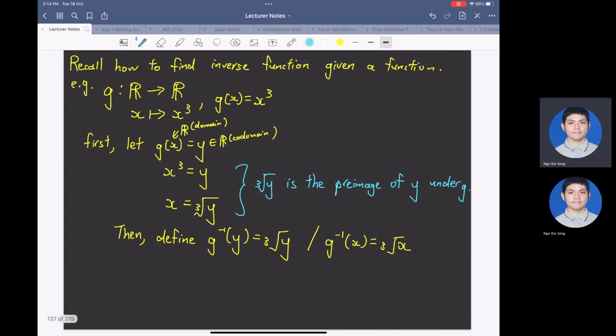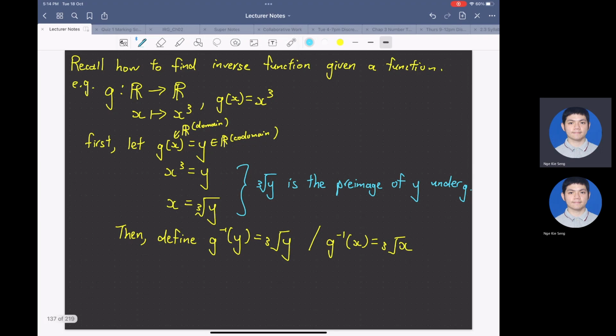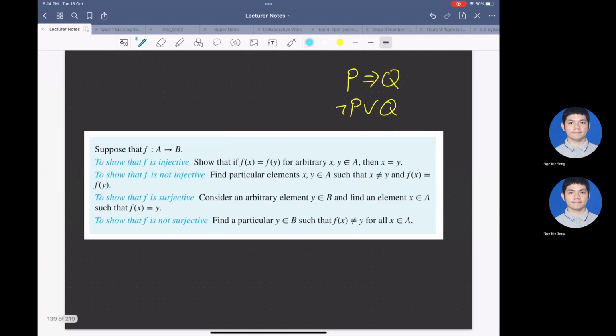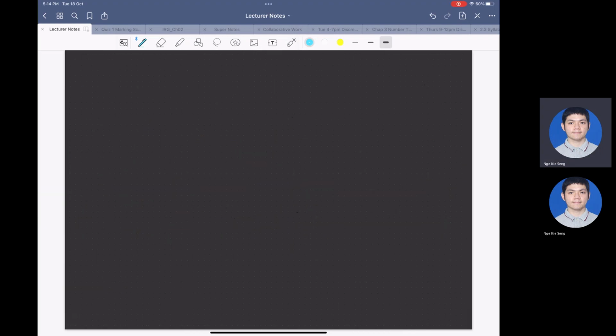There's one way to check whether the inverse you found is correct or not. To check that, we need to define a composition of functions.